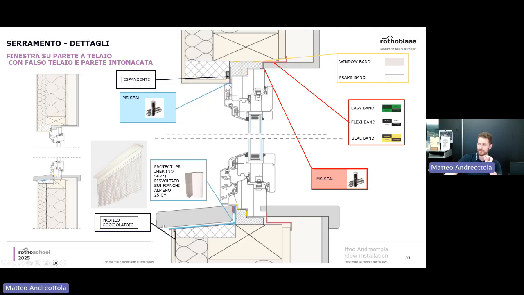This is not the part which is MS seal. If it dries up, if it loses a little bit of elasticity, throughout time it needs to be replaced. Tape is a better option whenever you can use it, because it's more durable.